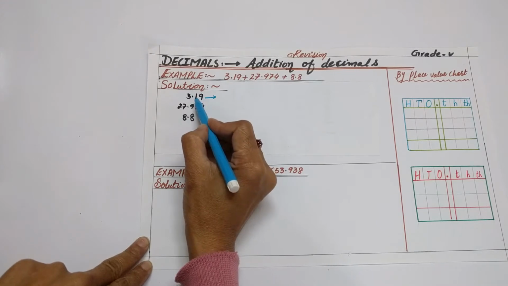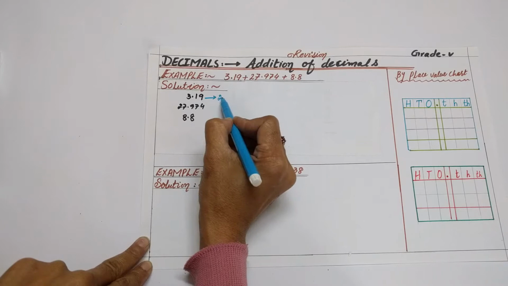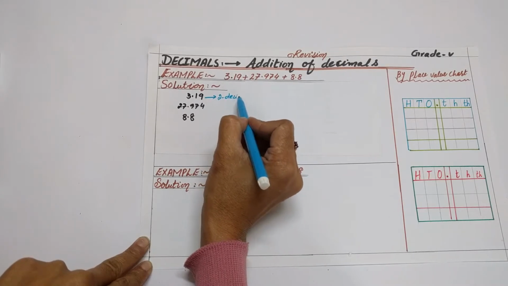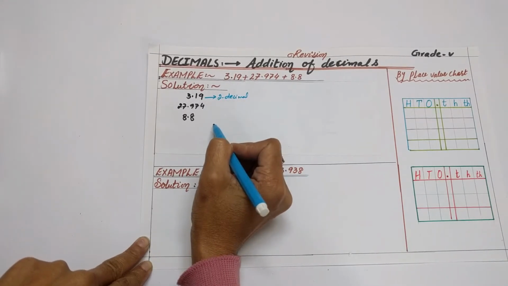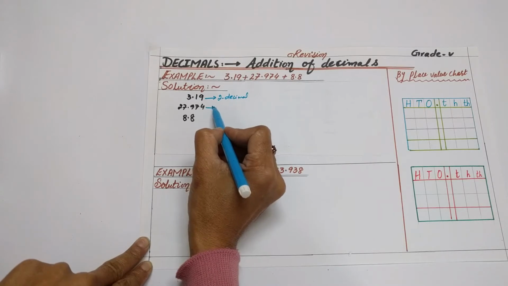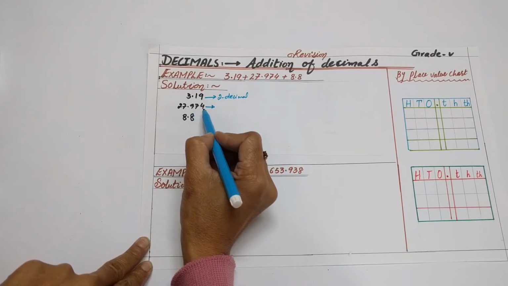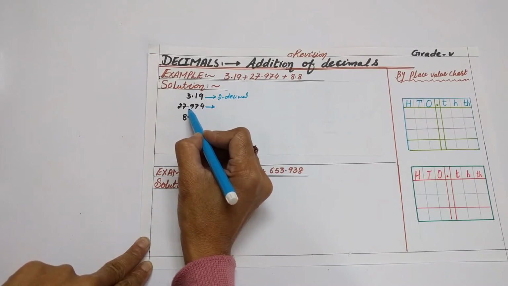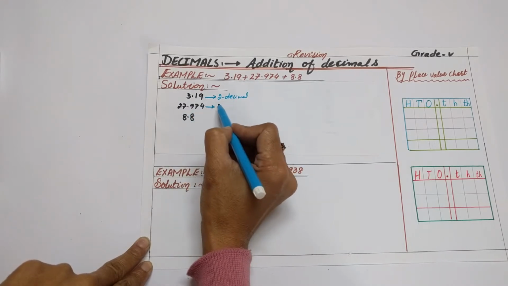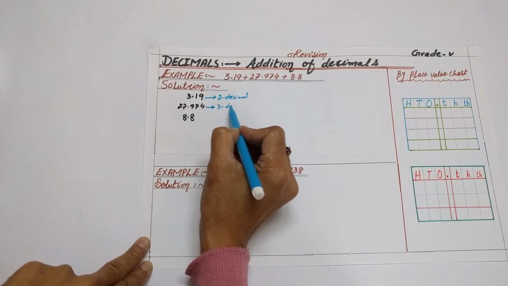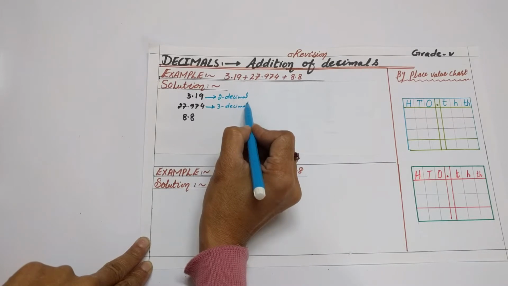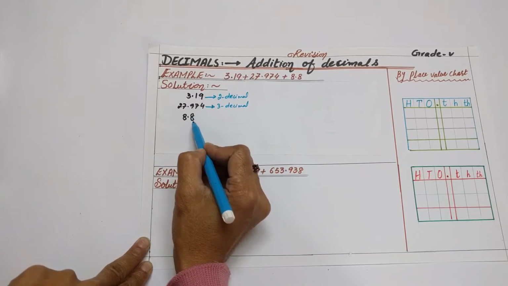After the decimal we have 1 and 2 digits, so this one is a 2 decimal number. Second, 27.974. After the decimal we have 1, 2 and 3 digits, so this is a 3 decimal number. Third number is 8.8.